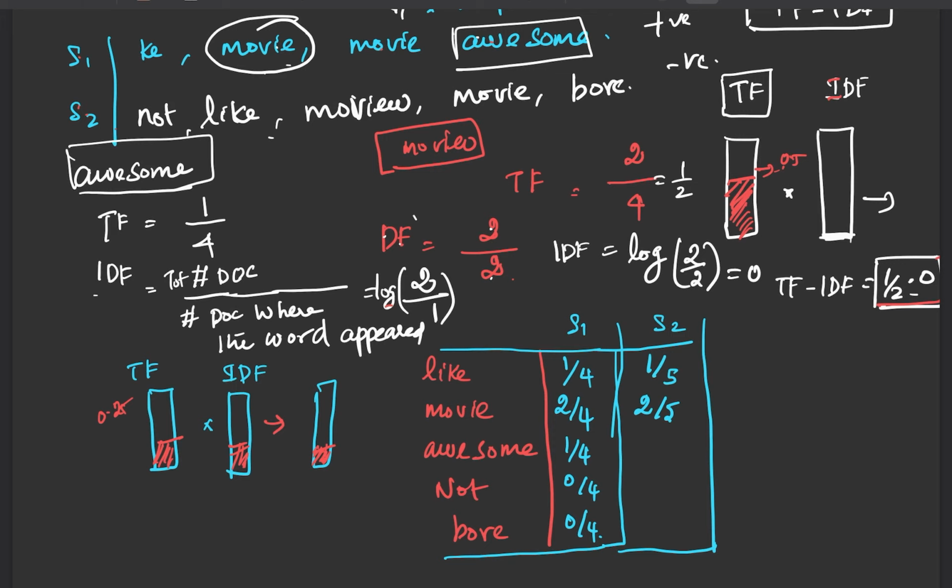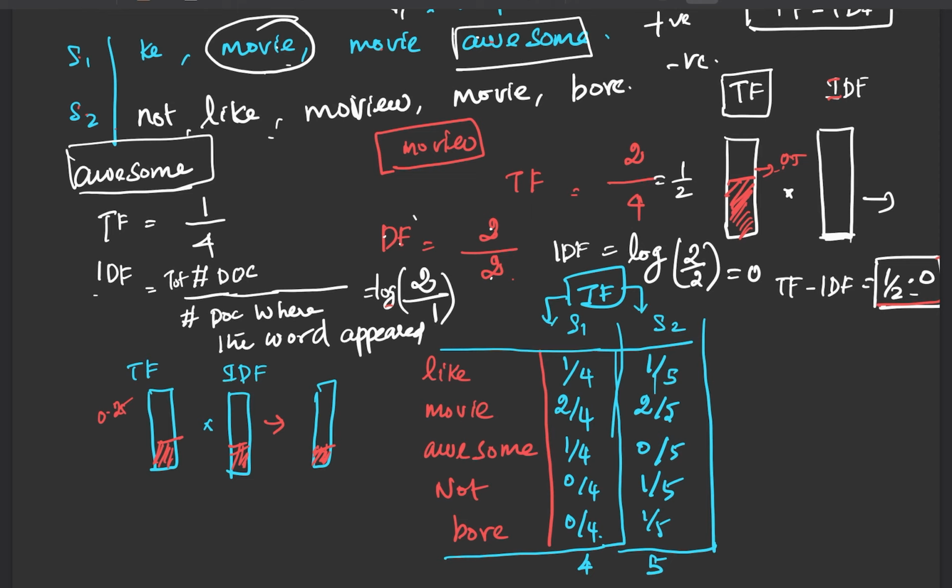And then awesome, there is no word awesome in the second document, and not appears 1 time, and bore 1 time. So when you sum up the numerators, they add up to 5. Here the total number of words is 4, here it is 5. This is called TF, term frequency, for documents S1 and S2.